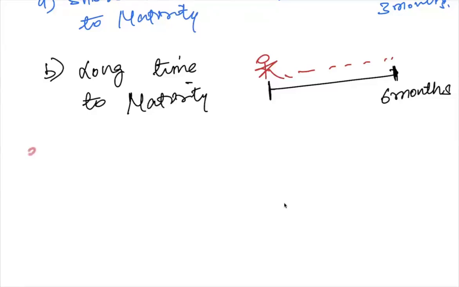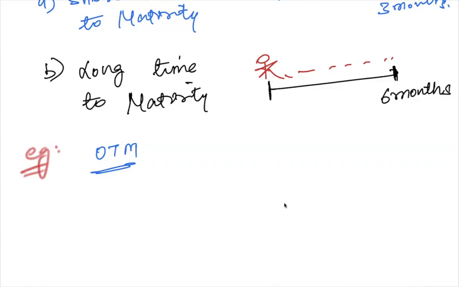Let's take this example. Let's say you are buying an out of the money option. You need time for the stock to move up to the strike price.